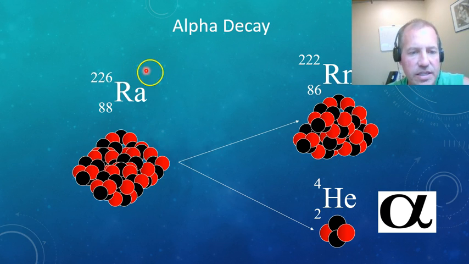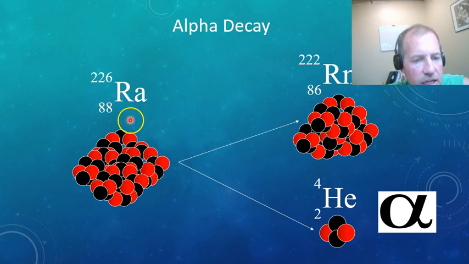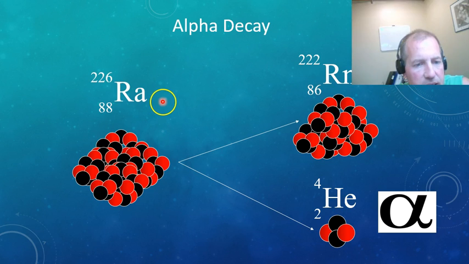I've written it on the board, but just for you to know, this is another way of saying that this element right here, radium, has a mass number of 226, so the number of protons plus neutrons is 226, and the number of protons, or our atomic number, is written in the lower left region, and that is 88.